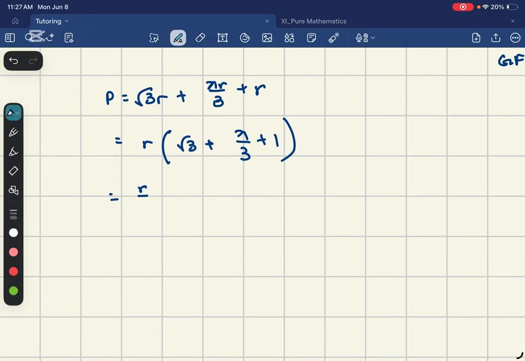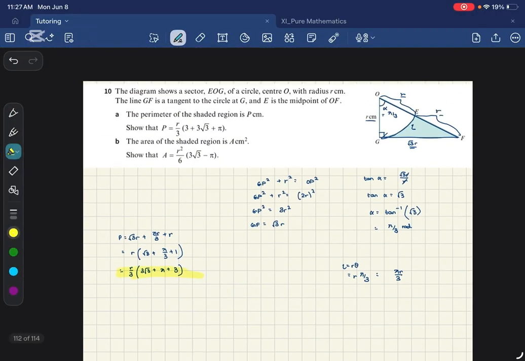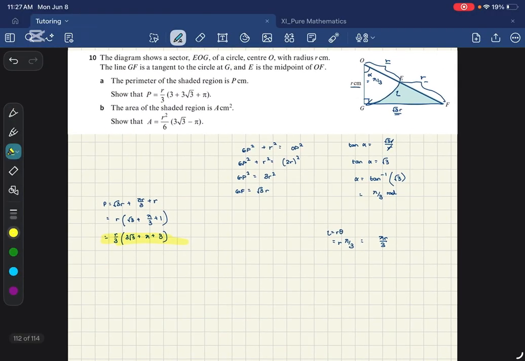And if we factor out a 3 from this expression, we get (3 plus pi plus 3 root 3) r over 3. That is what the question asks us to show. So you get the solution to part A.